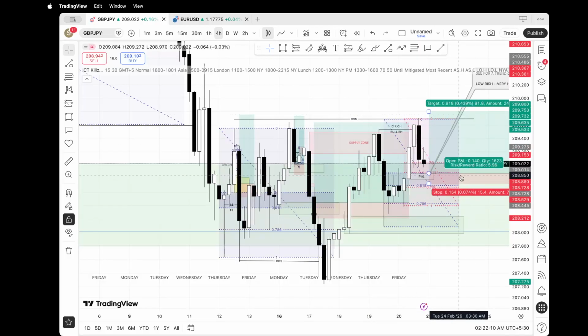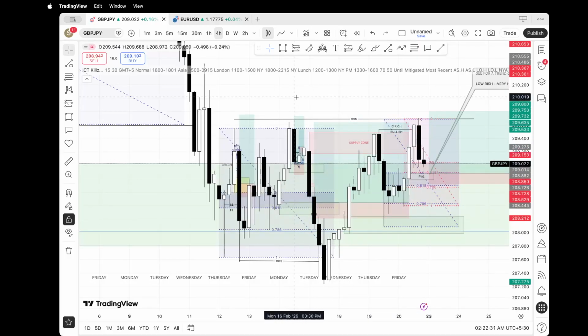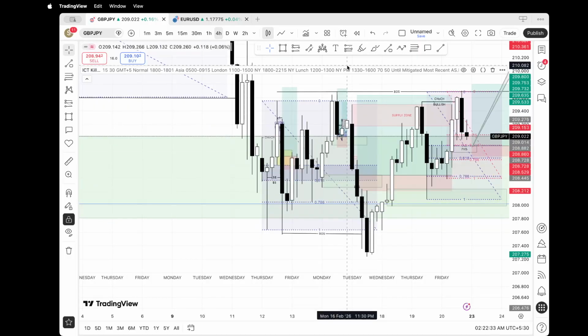So this is just going to be one more shot, a kind of a bit probable trade. I will not say this is one of my best setups, but yes, it is good enough to be traded because it has very low risk and high rewards. It can go as high as it wants.